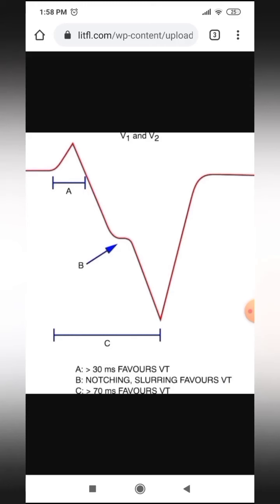In this figure, the A denotes the R wave interval here, which is more than 30 milliseconds, and this C denotes the R to S wave nadir interval, that is more than 70 milliseconds. And additionally, if there is a notch in the downstroke of the S wave, all these points favor the diagnosis of ventricular tachycardia rather than an SVT.